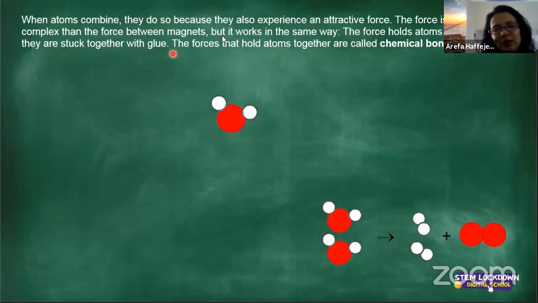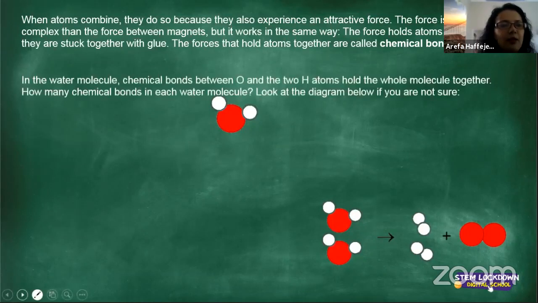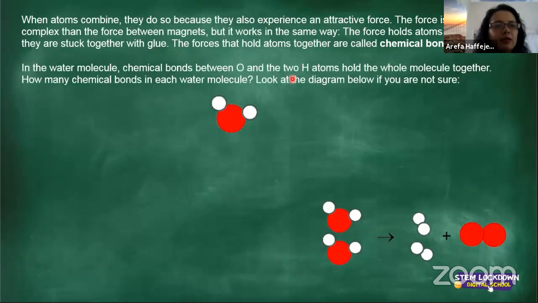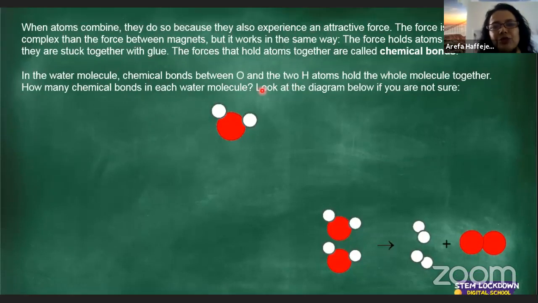Now, if we look here at this water, it is one oxygen and two hydrogen. These hydrogen atoms are attracted to this oxygen atom, and it is held together by a chemical bond. In the water molecule, the chemical bonds between oxygen and the two hydrogen atoms hold the whole molecule together.